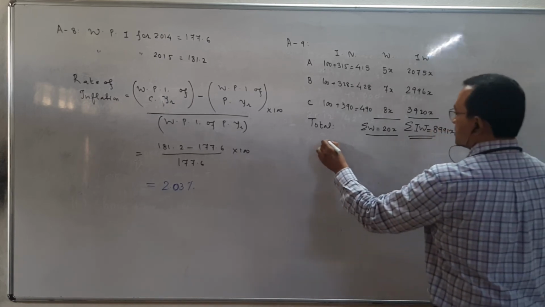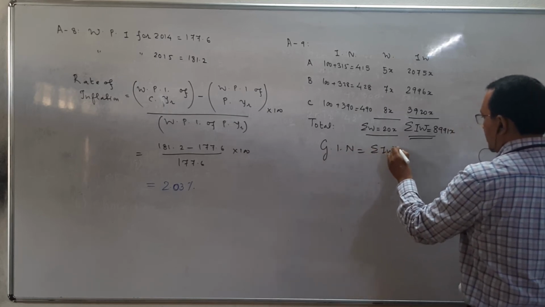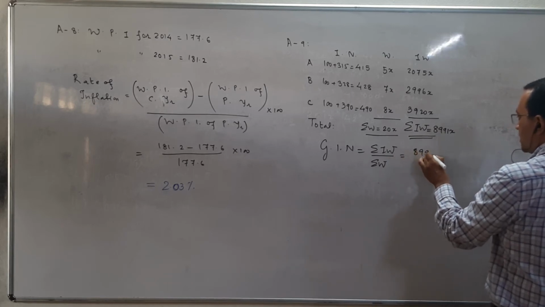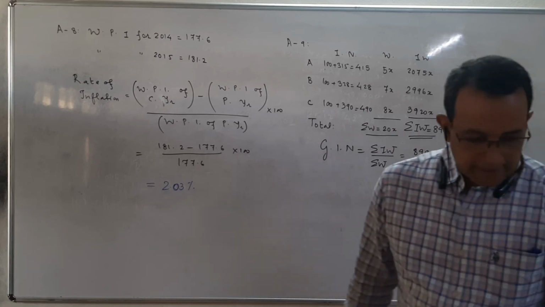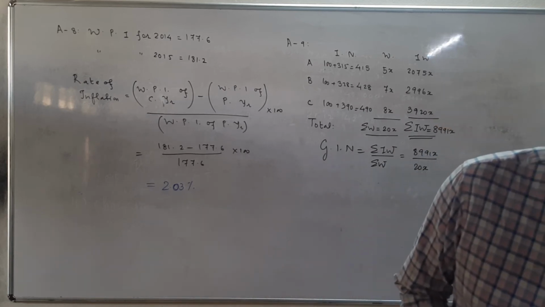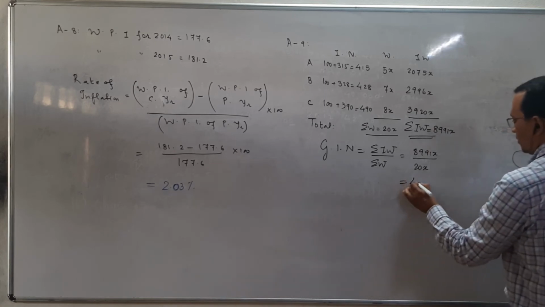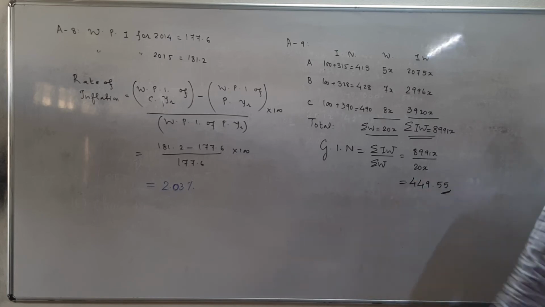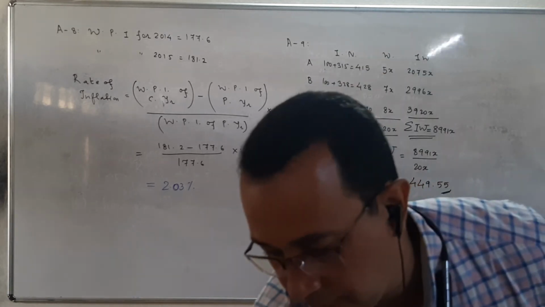So the general index number GIN is equal to sigma IW upon sigma W, 8991x upon 20x, and this simplifies to 449.55. So this is how we find the general index number.